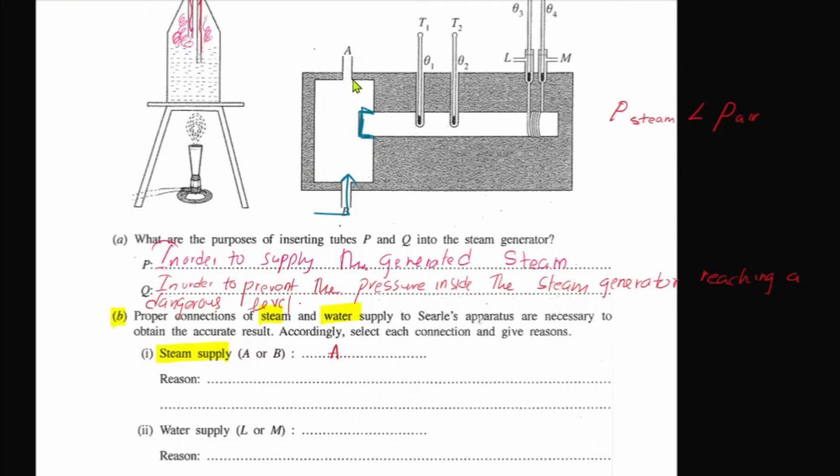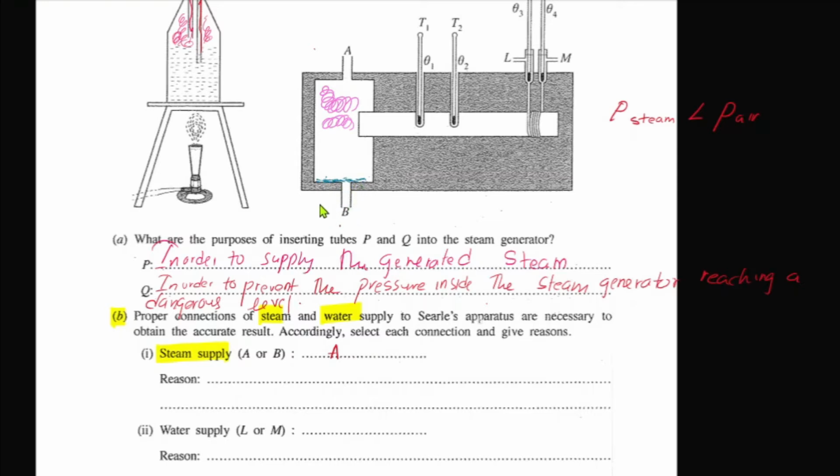And then I'll give you one more reason, right? Usually it doesn't matter whether you pass steam from the top entrance or the bottom entrance, whatever it is, after a certain amount of steam is filled in the chamber, the steam is going to condense into water, and definitely it's going to partially block the entrance B as well.